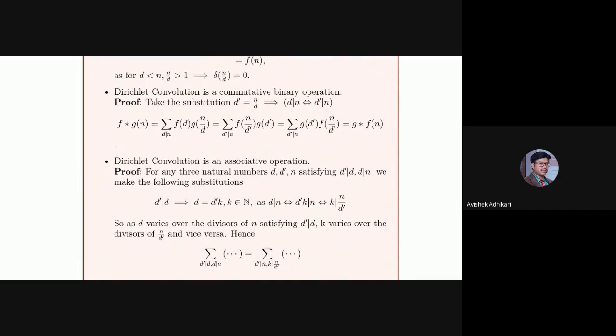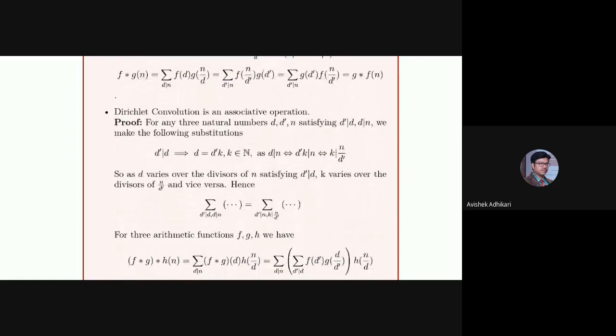In that way, we can replace d with d', and f(d) becomes f(n/d'), and g(n/d) becomes g(d'). And we can see that the Dirichlet product of f and g is nothing but the product of g and f. So it is a commutative binary operation.